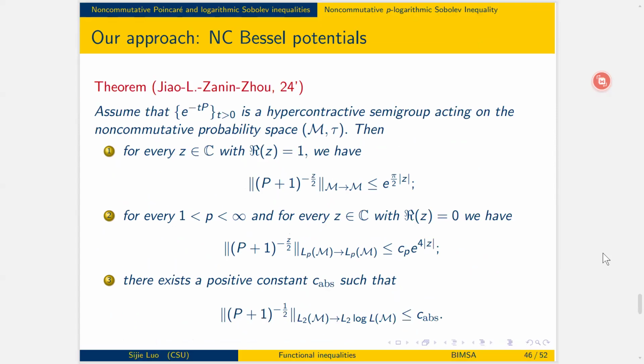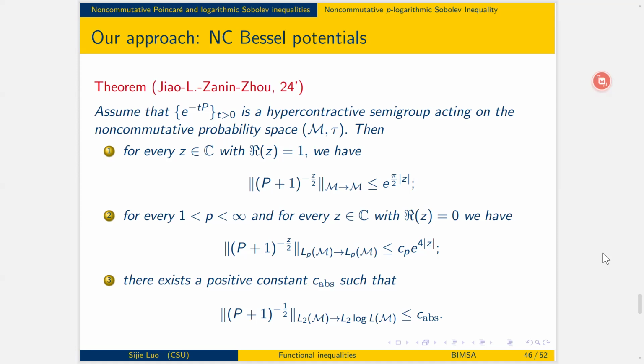Because T is p plus 1, where p is the generator of this hypercontractive semigroup acting on the tracial non-commutative algebra. That is the guy that we use as T. We prove the result for T, and specifically we replace T by the Bessel potential.